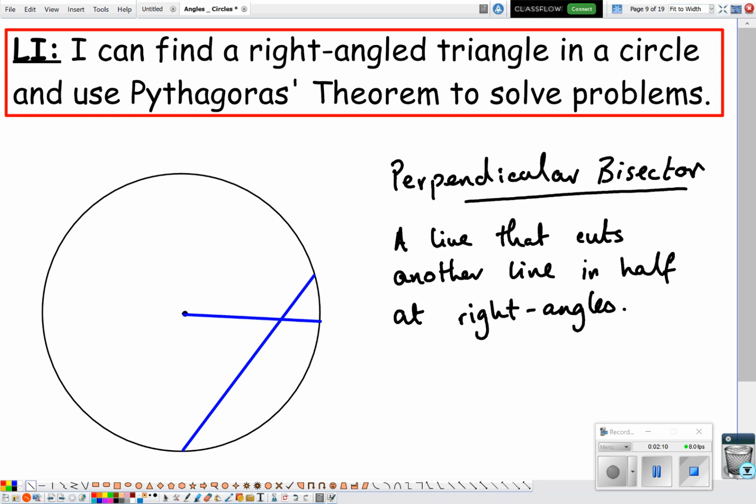Now the radius will cut through the chord anywhere along this arc, but there is only one place along this arc where the radius line meets the chord line at right angles, and that would look to be about there. What you've got is a right angle there, and because it's a perpendicular bisector to the chord, it cuts the chord line in half. So that's an example of a perpendicular bisector.